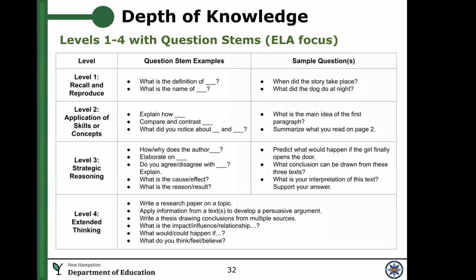So this is what you're going to see probably a lot of when kids are first starting out with their reading skills. And then, like Annie was just saying, they're going to use those skills to build on and explore additional depth of knowledge levels. When you get into level 2 questions, you're going to require both comprehension and additional processing of a text or a portion of that text.